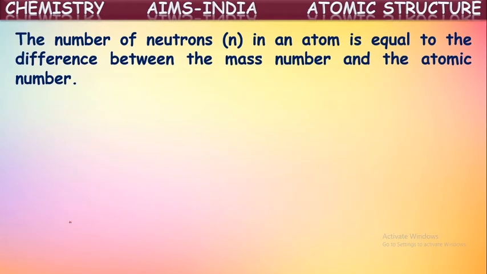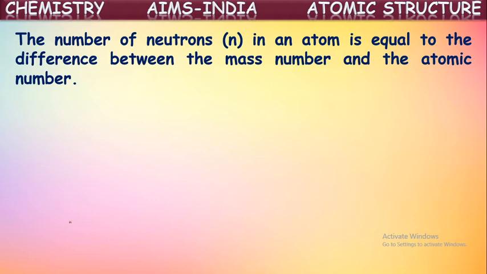The number of neutrons in an atom is equal to the difference between the mass number and the atomic number. Why? Because, as we have seen here, the atomic number is nothing but the number of protons, and the mass number is the sum of the protons plus neutrons. So if you take the difference of these two, we get the number of neutrons in that atom.